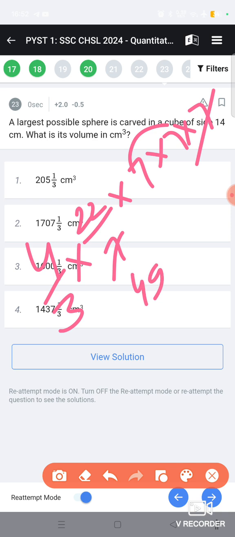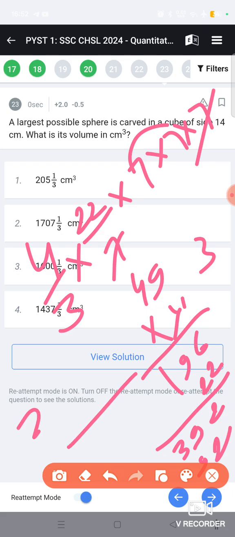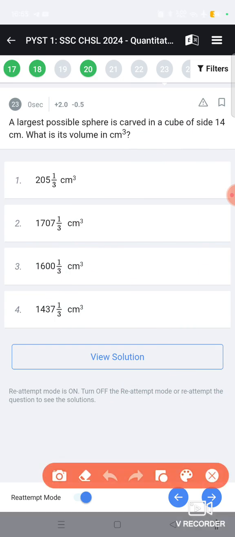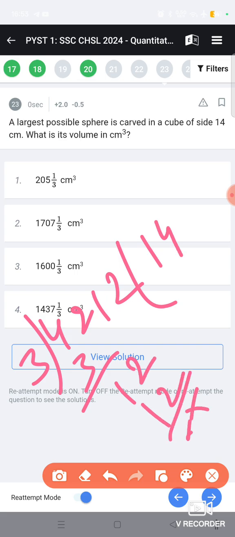Good. 49 into 4, 196 into 22, 4 2 1 2 divided by 3, it means 1 4 0 4.